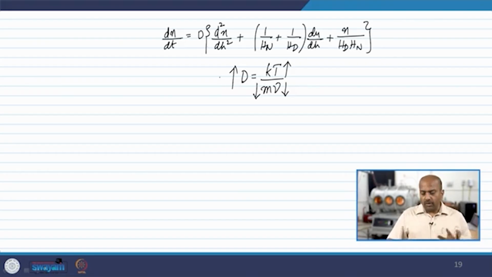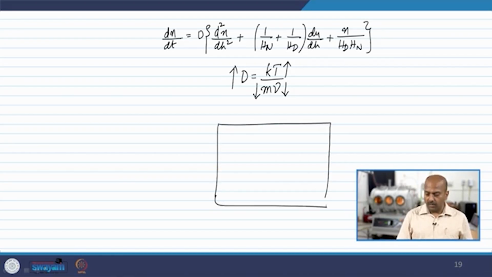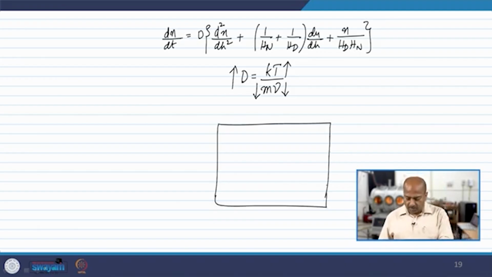So, basically what we are trying to understand is, if you have a major species in, let us say, a fluid, how the minor species will diffuse through it by means of collisions or by avoiding collisions. That is the main topic of discussion.